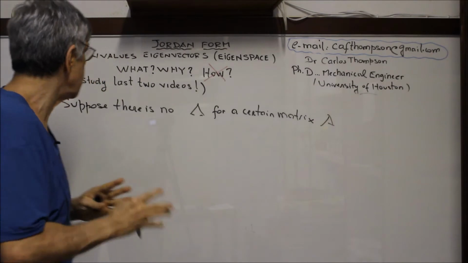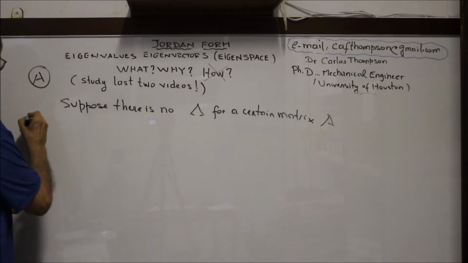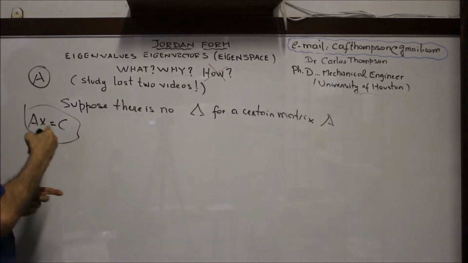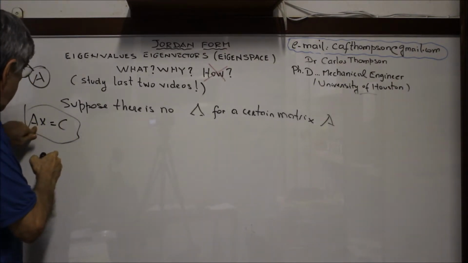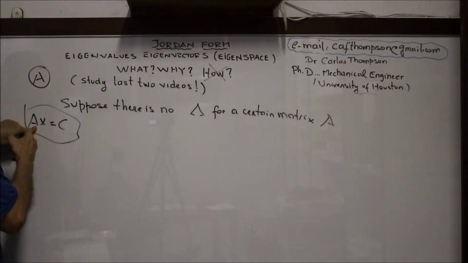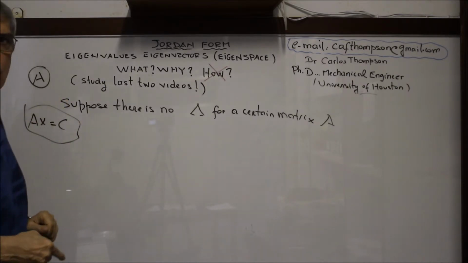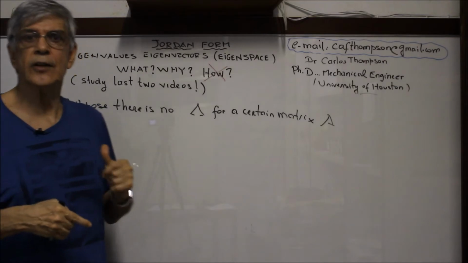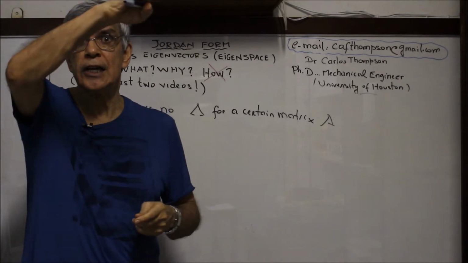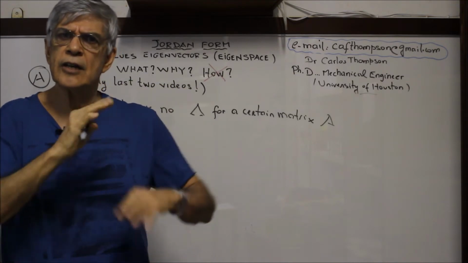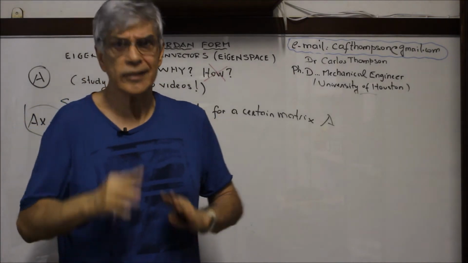See, the goal is to solve AX equals C. Don't forget that. If I have a similar matrix in diagonal form, it's quite easy to calculate the solution of this equation because I decouple all these equations. I said this there, just go there, take a look and study.